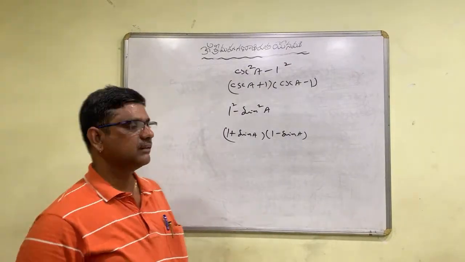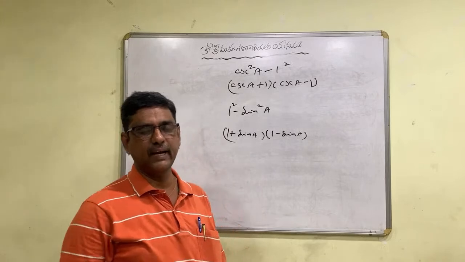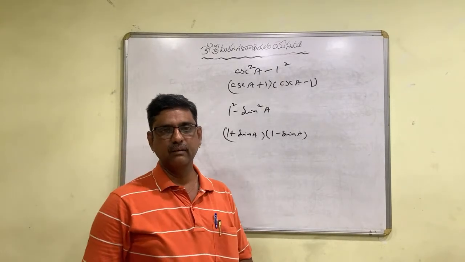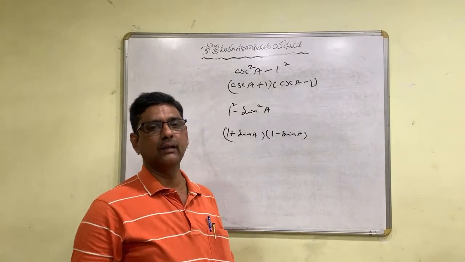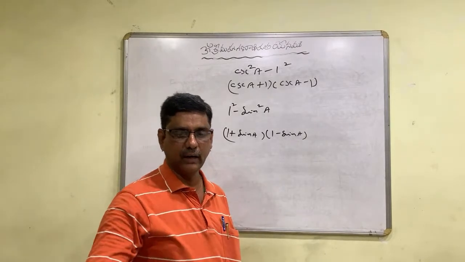So this A plus B into A minus B identity from algebra plays an important role in problem solving in trigonometry.